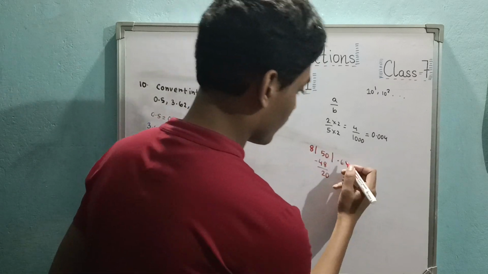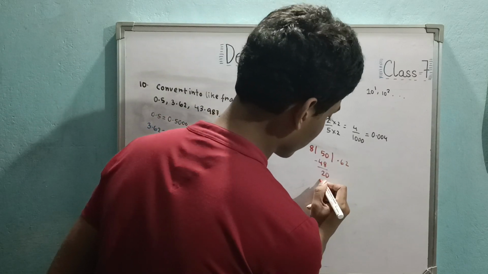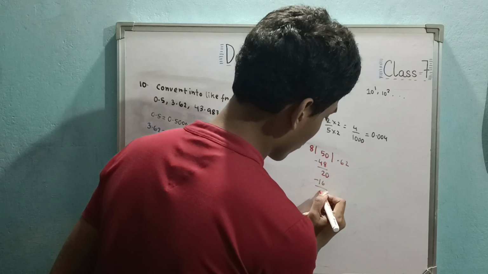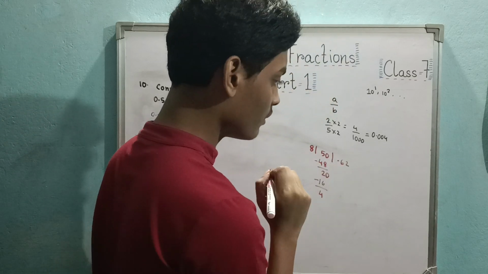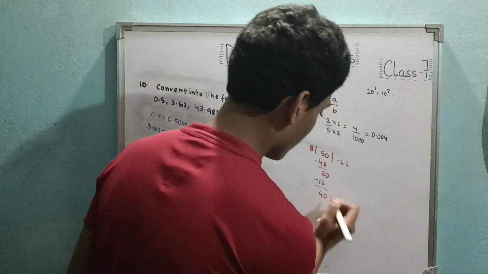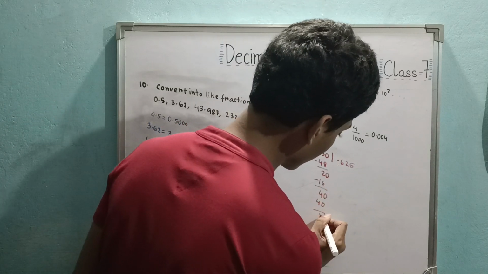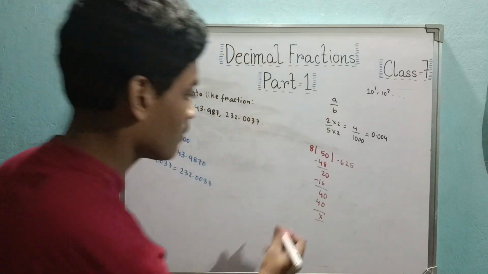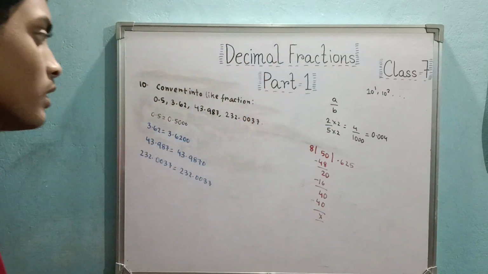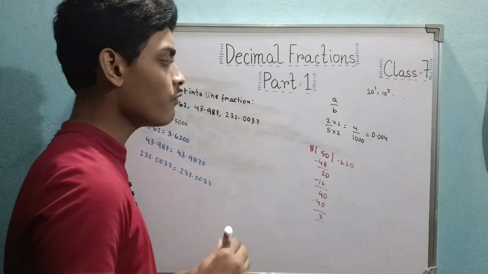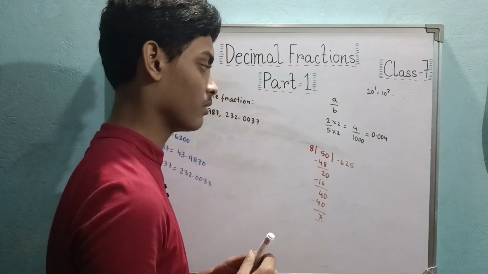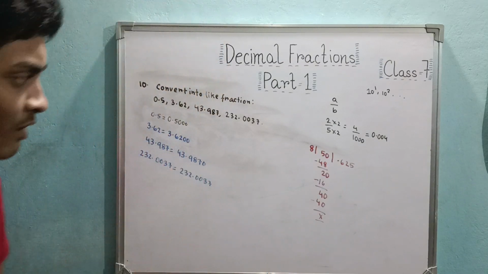So now again 8 2s are 16, 4. So again the point was there, so 0 will come here. So 8 5s are 40. Whenever you see that there is no remainder left, then consider the quotient as the decimal fraction of the required fraction. That's the division method.